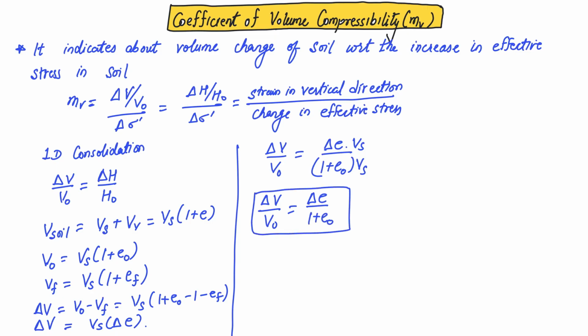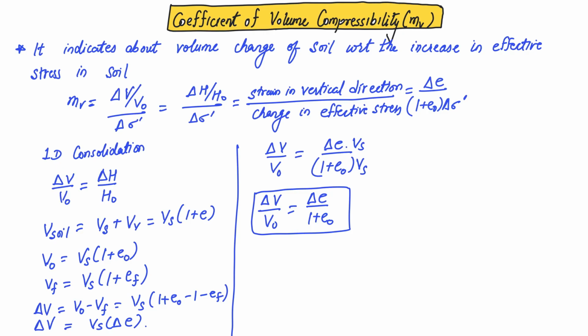Now, if you use this relation in the formula of mv, you will get another formula for mv, which equals delta e upon 1 plus e naught into delta sigma dash. So this is another formula of mv.